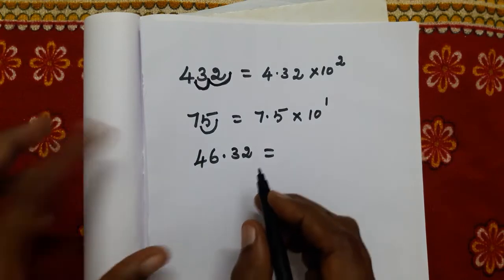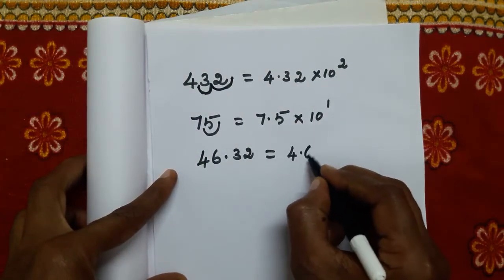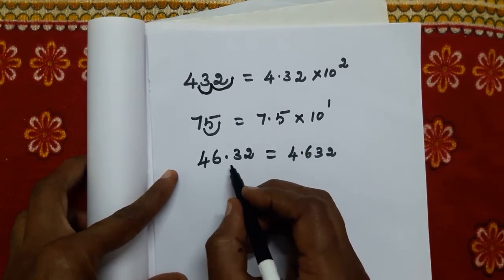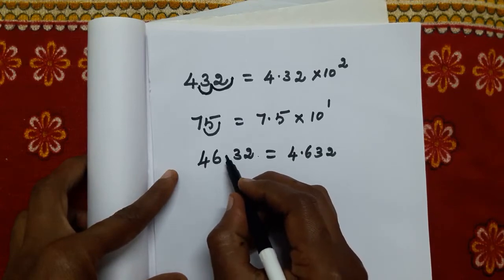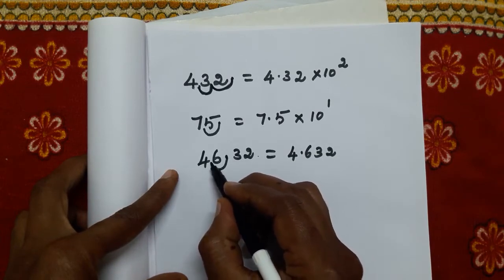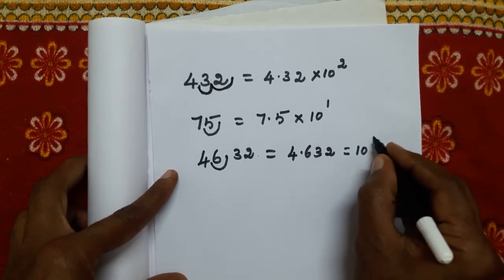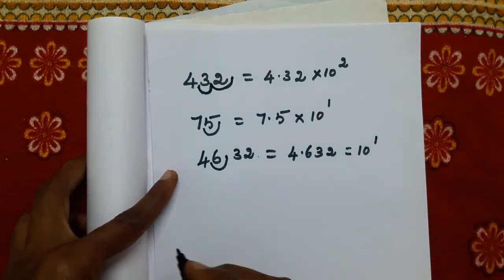Only one digit. So how can we write this number? 4.632. How many digits did we move the decimal point? Don't count from here; the decimal point is here. Only one digit. So 10 power 1. 4.632 into 10 power 1.